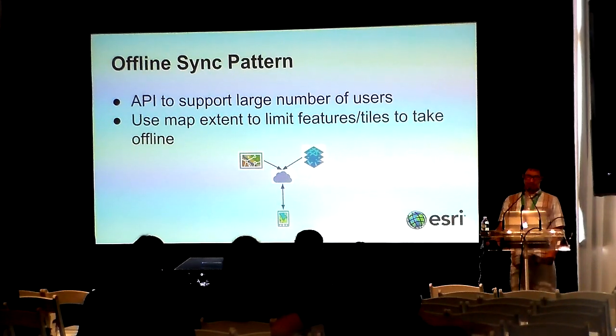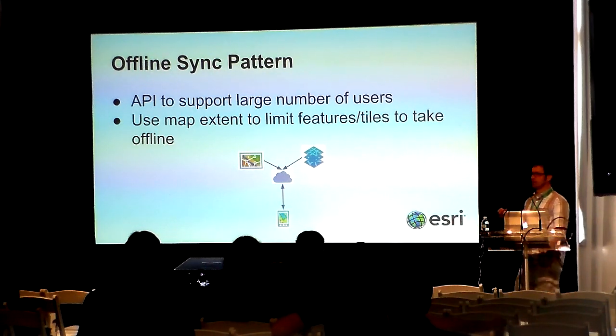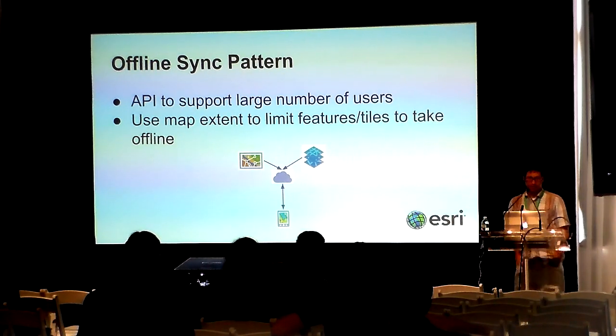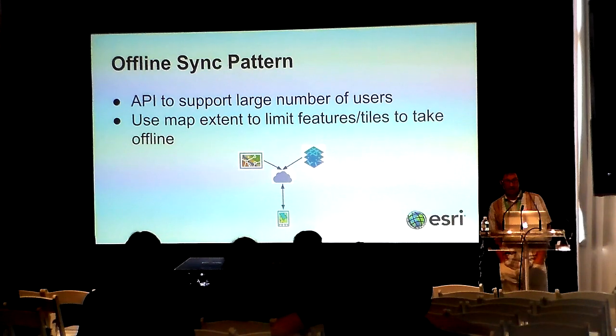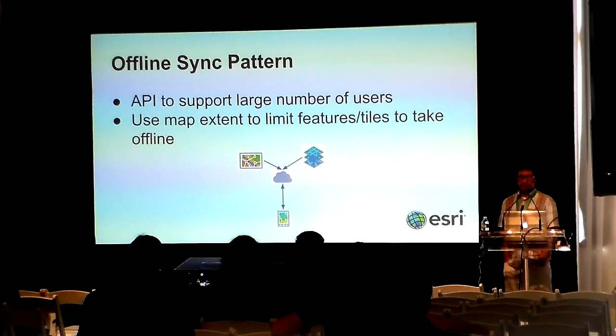So we'll take that a little bit further. First, we'll go with offline sync patterns. This is the use case where you're taking some information that's on a cloud-based service, and you want to manipulate it, and then you want to persist it back. This API will support a large number of users because all the users are getting that information off of a cloud-based service.